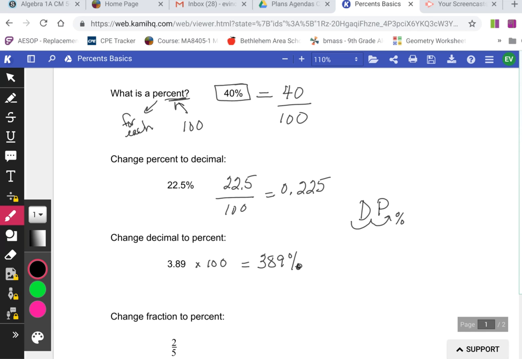If I want to change from percent to decimal, I'm going to take my decimal point and move it 2 places to the left and eliminate the percent sign. So if this little doodle helps you remember what to do with decimals and percents and change them back and forth, then feel free to use it. Okay, decimals to percent, 2 decimal places because it's 100.